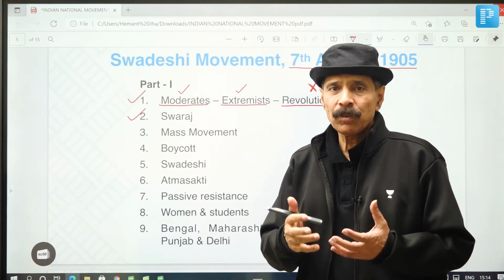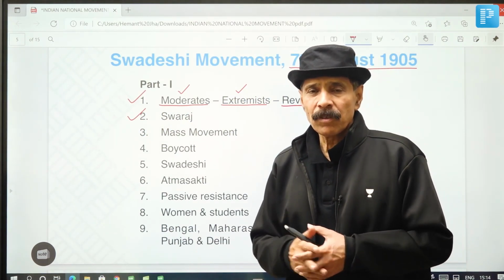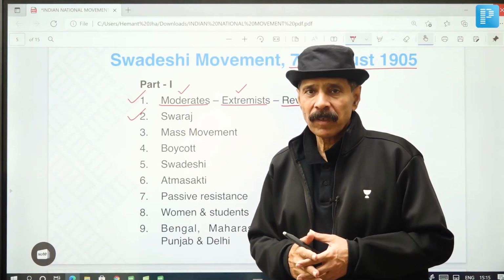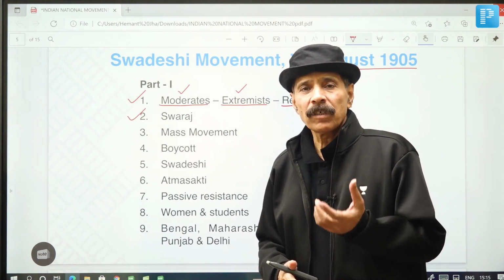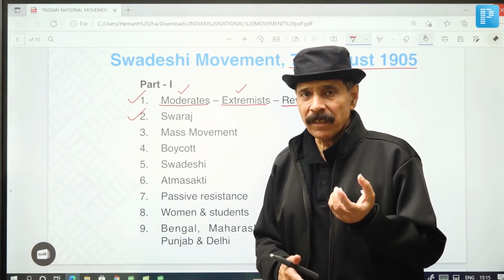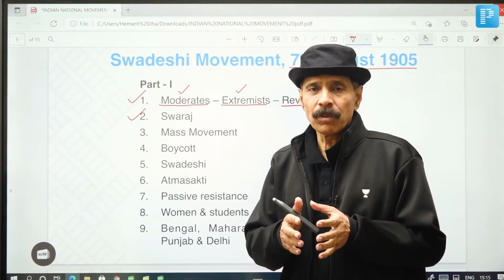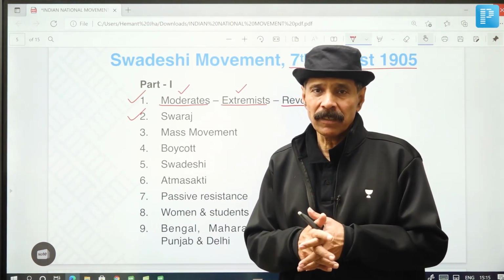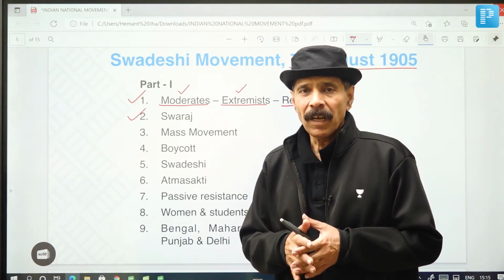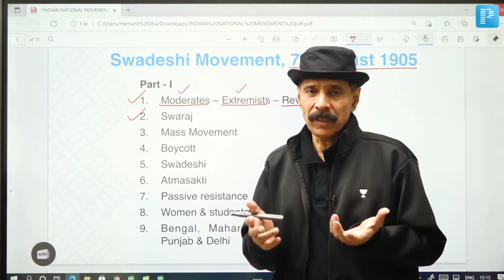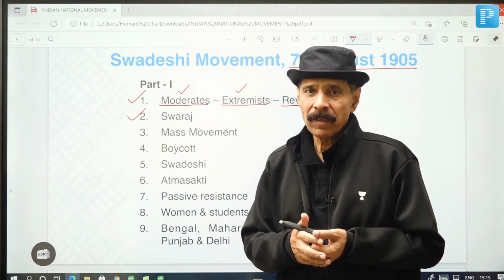Swaraj refers to self-rule. So this movement stood for Swaraj. And Congress adopted the goal of Swaraj in 1906. And Dadabhai Nauroji was the president of Congress session in this year. And he proclaimed this goal in 1906.